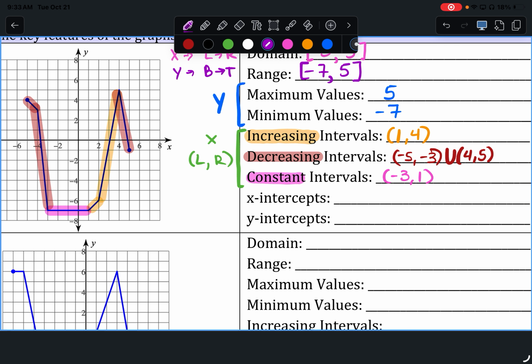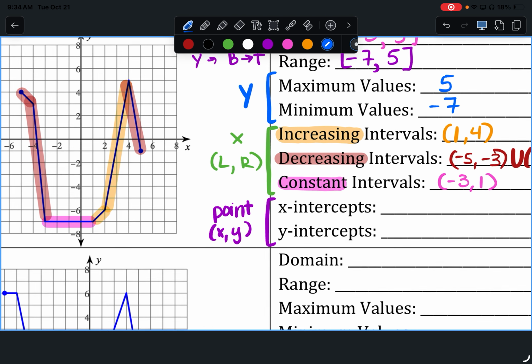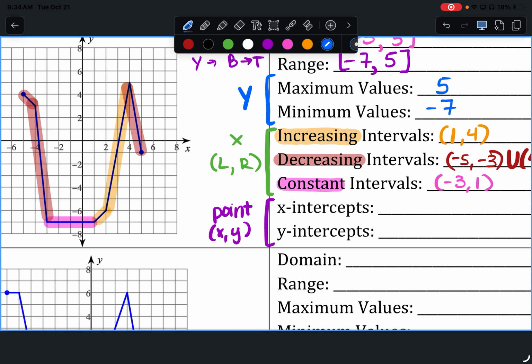Now, for x-intercepts and y-intercepts, both of those use a point. When we do a point, it is the x-coordinate, comma, then the y-coordinate. So for our x-intercepts, we are looking where it crosses the x-axis. Now, on your test, you will not have to estimate where that's at. On these, you do, just a little bit. You have to see where it's at.